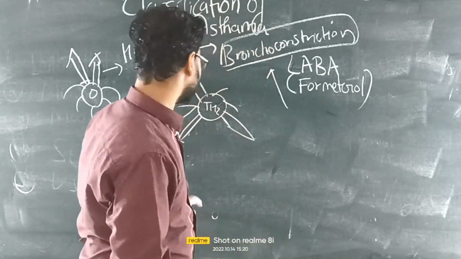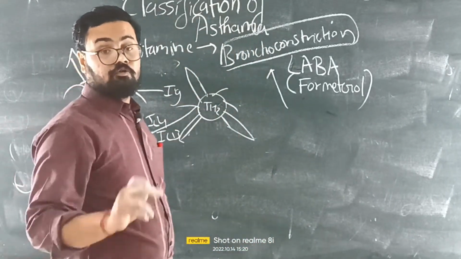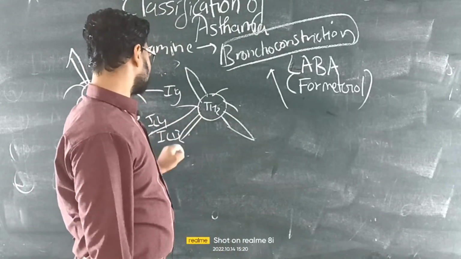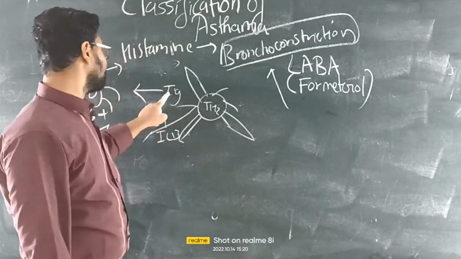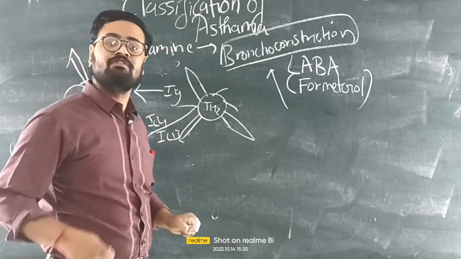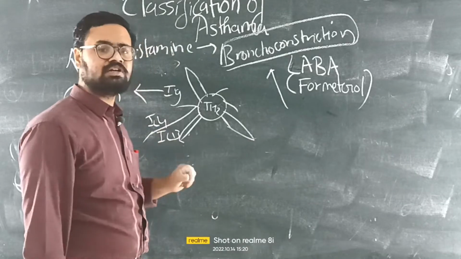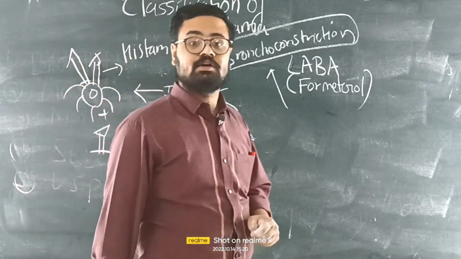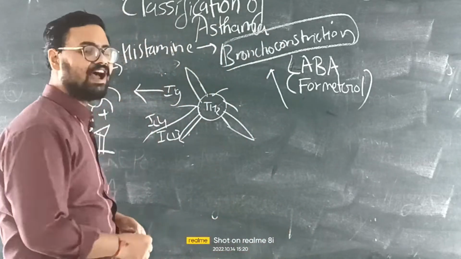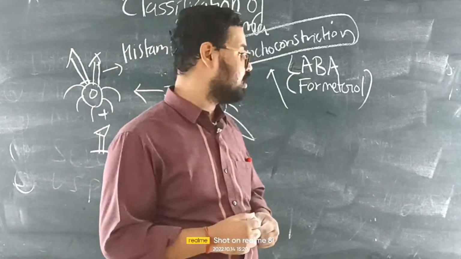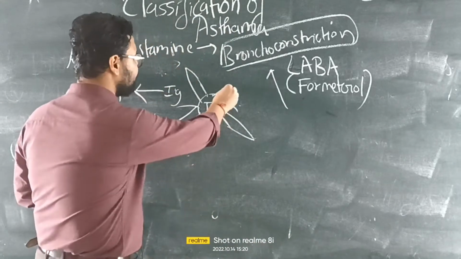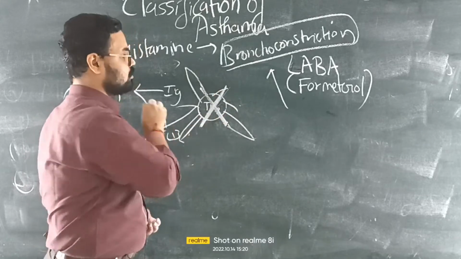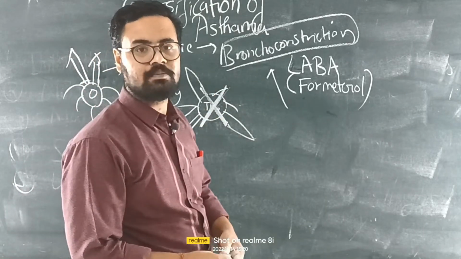But we are not treating the main root, because this Th2 helper cell will again release interleukin 9 that will induce mast cell production, and again release interleukin 4 and 13 to induce IgE production. For that, what do we have to do? We have to treat the root. How will you treat the root? Just inhibit these Th2 helper cells. How will you inhibit the Th2 helper cell?